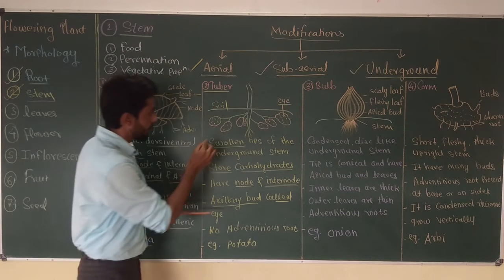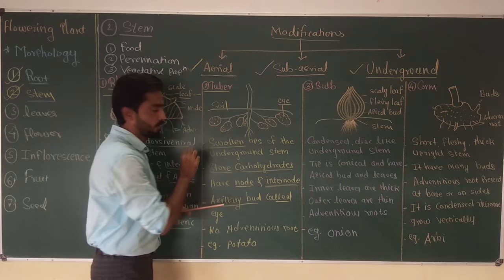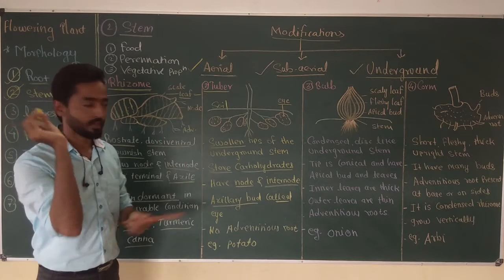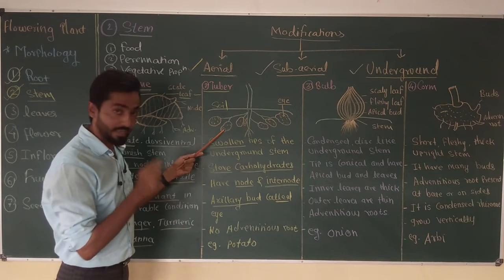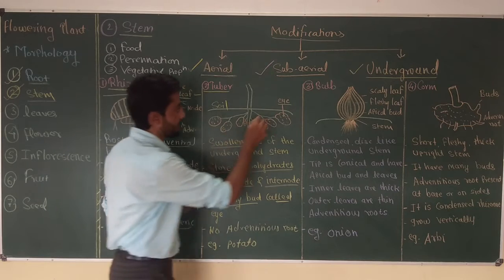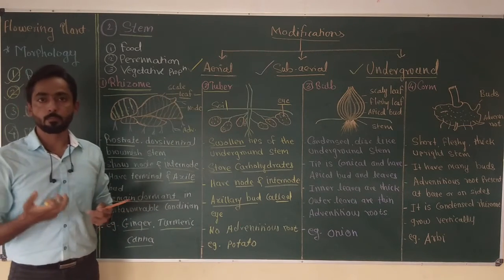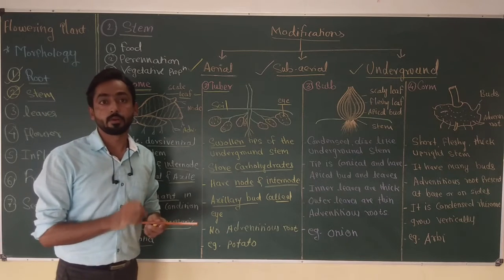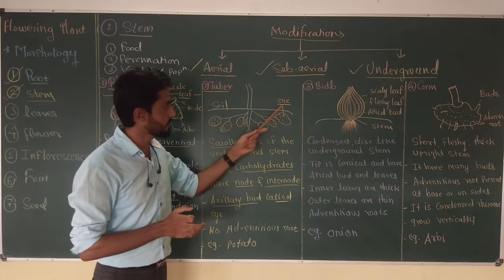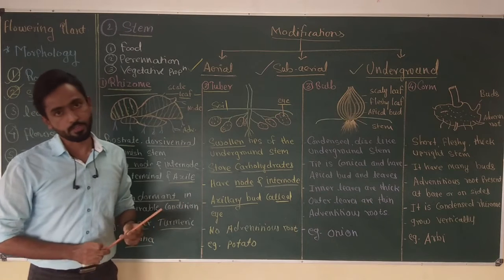If you observe any node of this stem tuber, it bears scaly leaves and an axillary bud, which is called an eye. These eyes sprout during favorable conditions to develop a new shoot system. That means these eyes help in vegetative propagation too.